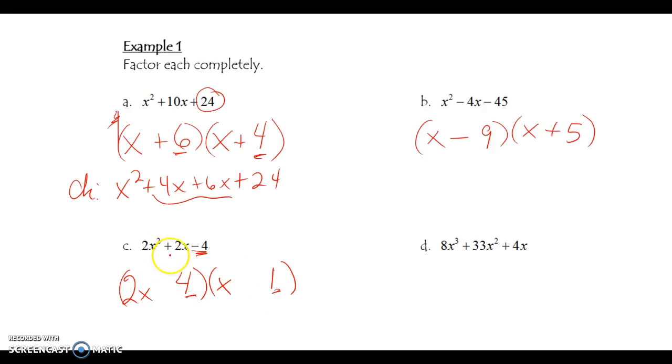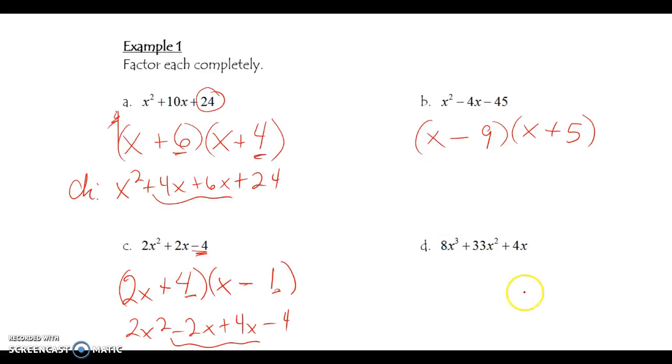Since I want the middle to be positive, I want this one to be positive and that to be negative. So see how that would give us 2x squared minus 2x plus 4x and minus 4. Those middle terms combine to give us positive 2x.